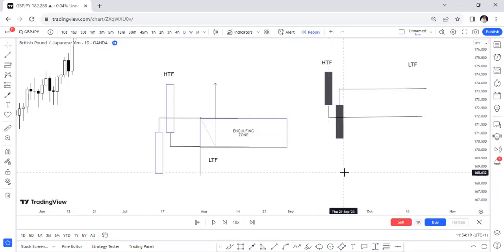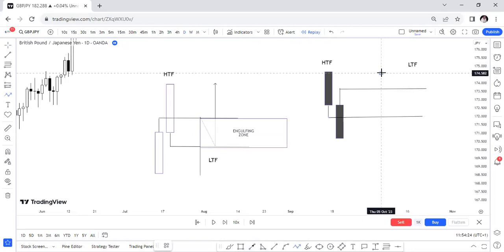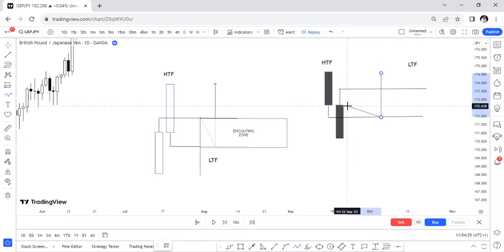So what happens is the price was coming down. If you go to lower time frame, this is how it will be displayed. So for you to know that it's a hidden engulfing, it makes a low there, then pushes to close here at this level. The second candle opens and pushes higher to this level of high.